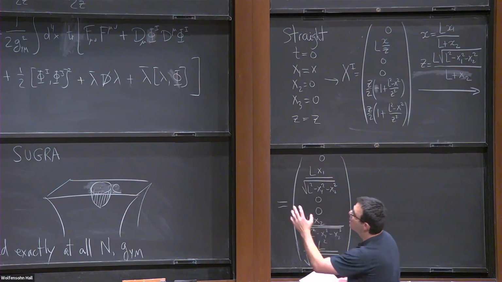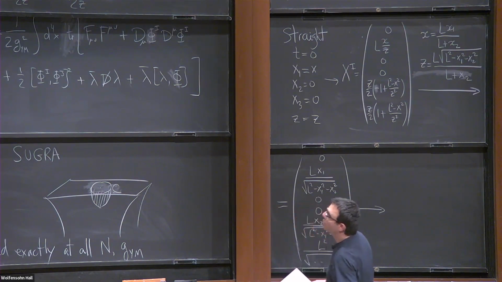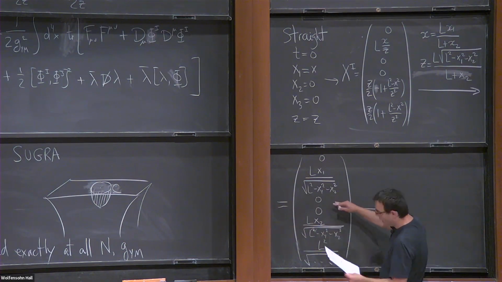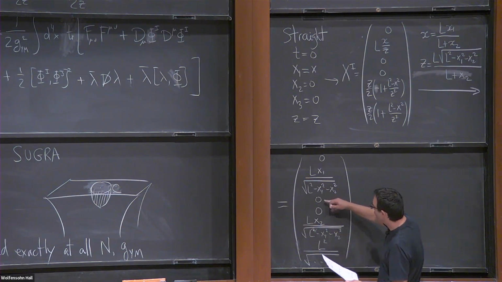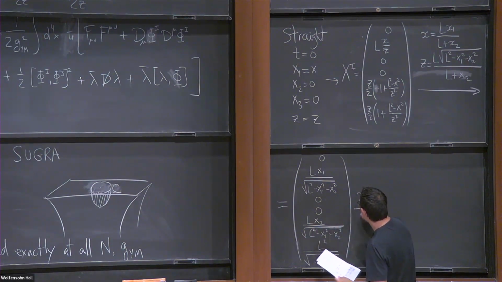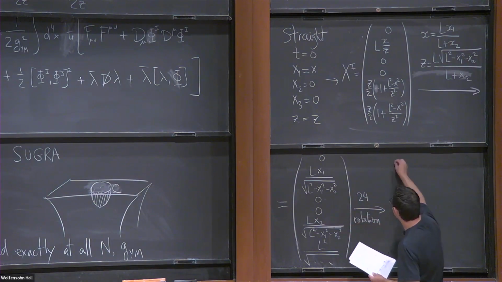Isometries in the bulk are just Lorentz transformations in this d plus 2 dimensional space. So in particular, we can do a rotation in the 2, 4 directions. This is the second, this is the fourth. So a 2, 4 rotation. And we can take this and put it in the second position, and the second to last position will have a 0.